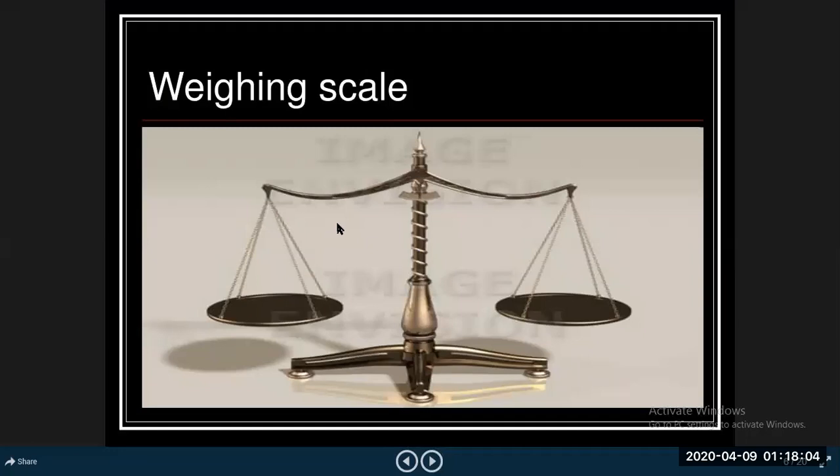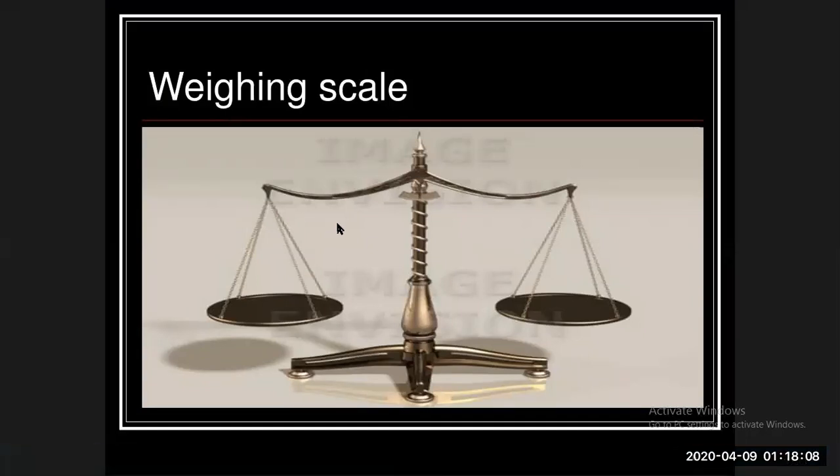Now, a weighing scale, you must have seen in your home or in the marketplace, where things are weighed and then sold. What is a weighing scale? There are two pans.